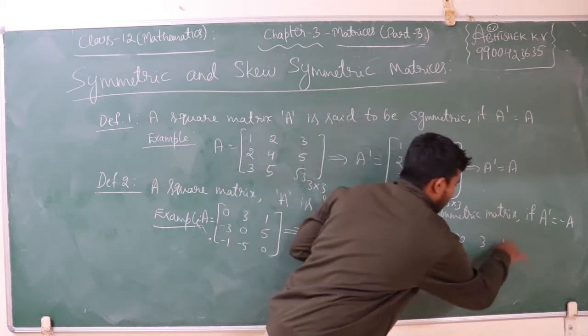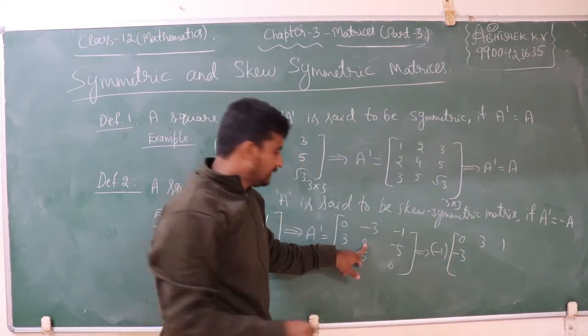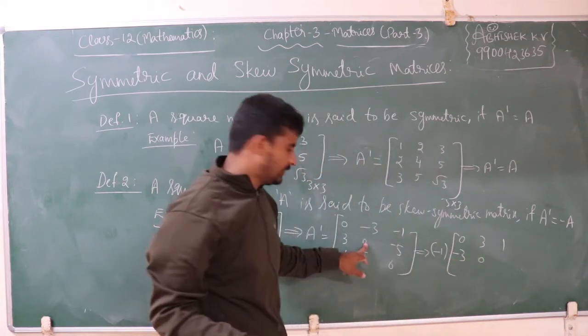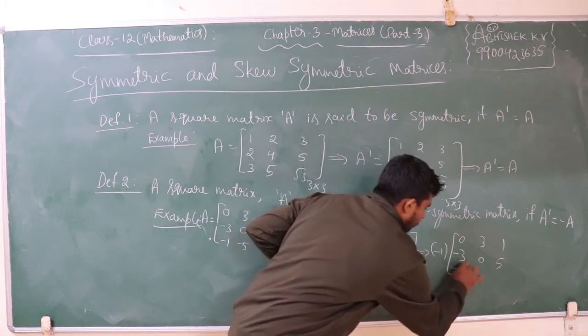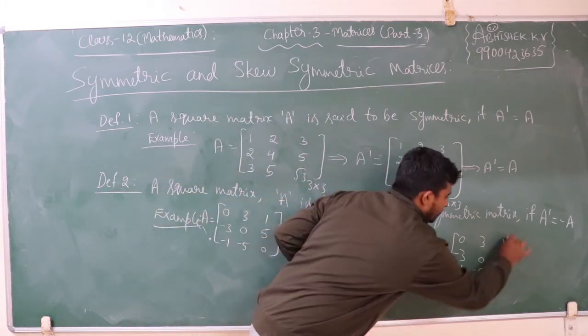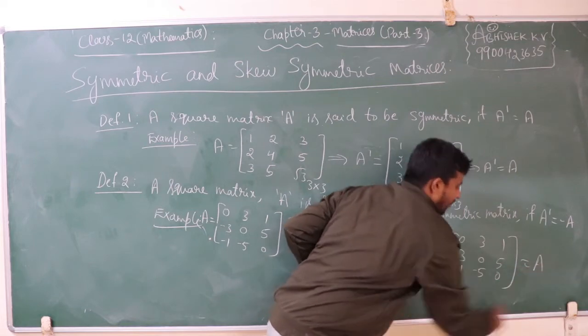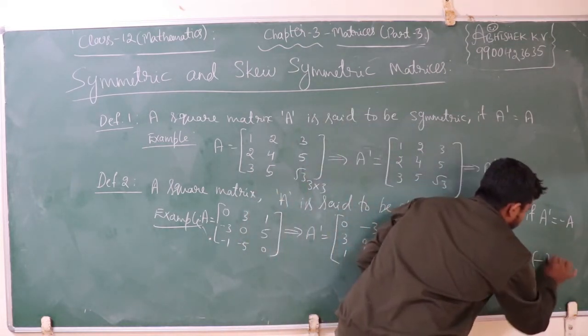Minus into minus, plus 1. Plus into minus, minus 3. 0 into minus 1, 0. Minus 5 into minus 1, plus 5. 1 into minus 1, minus 1. 5 into minus 1, minus 5. Again 0. See, this is equal to A into what? Minus 1. That is minus 1 into A.